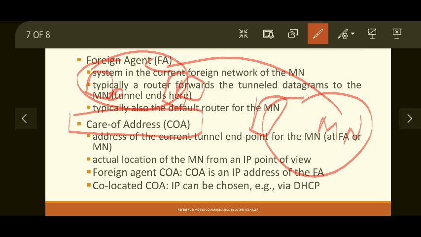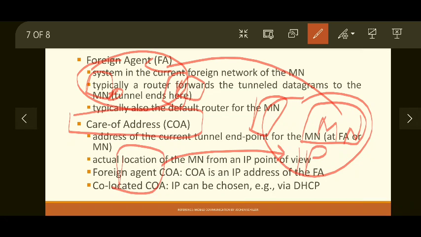Now in the beginning we said that the mobile node will keep its IP address, and here we are talking about care of address. So if a sender wants to send a packet to the mobile node, to which address will it send the packets? The answer is quite simple. The sender does not know about the mobility of the receiver. So all the packets sent by the sender will go to the same IP address.